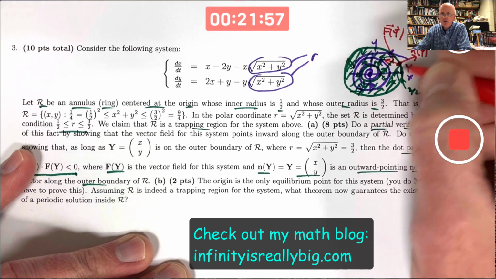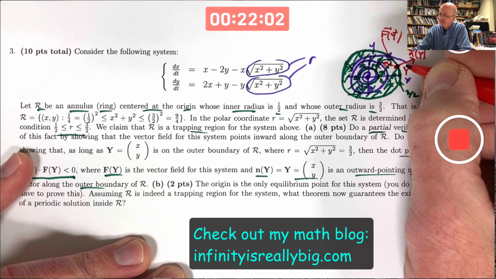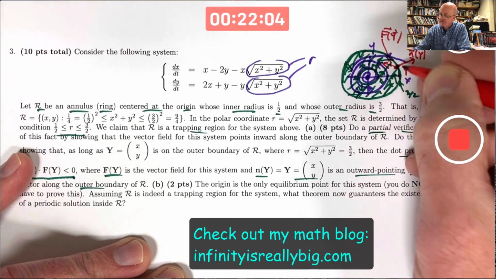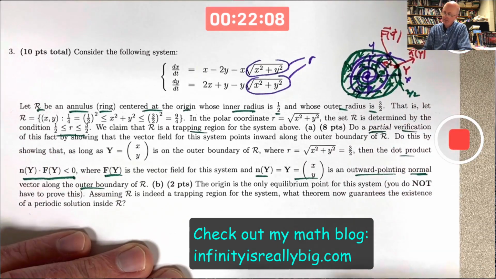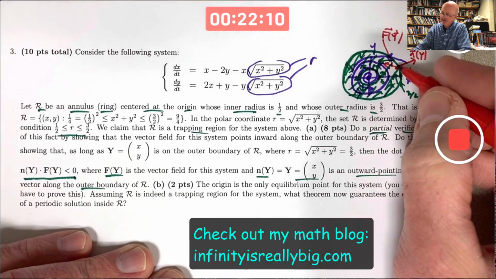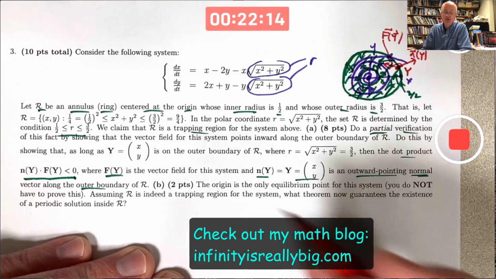It is an outward pointing vector that is also normal to the curve there. It's perpendicular to it, based on the fact that it's pointing directly away from the origin, and this is a circle centered at the origin. You can see visually that the angle between those two vectors is bigger than 90 degrees, so their dot product should be negative.